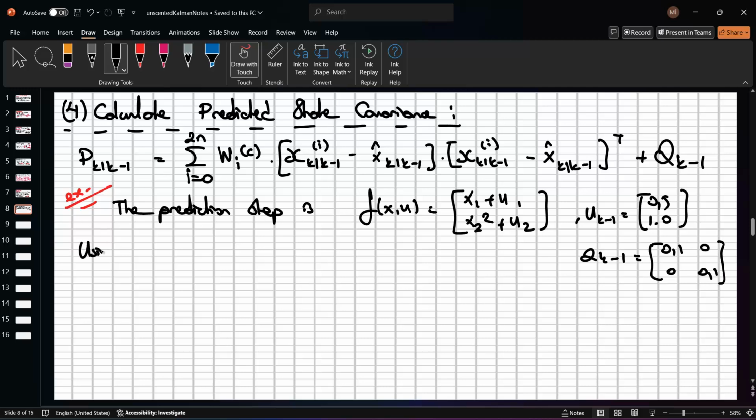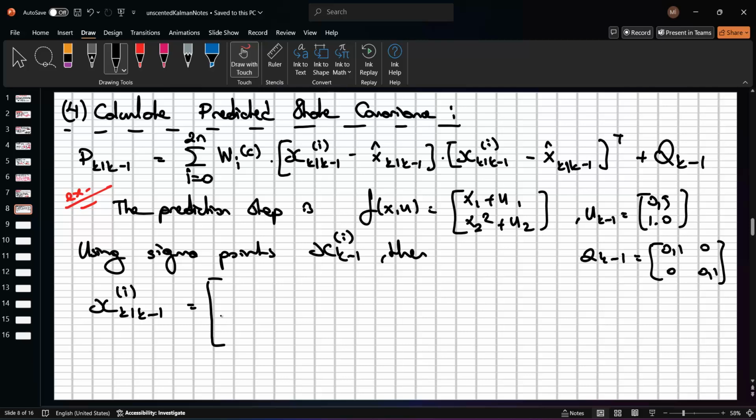And so using sigma points chi k minus 1 i, we can write chi k given k minus 1 i as chi k minus 1 1 i plus u1, and the other term chi k minus 1 2 i is the x2 state in squared form plus u2.